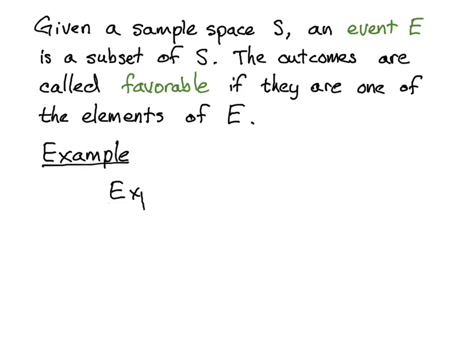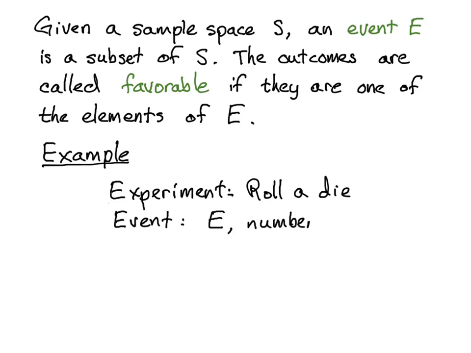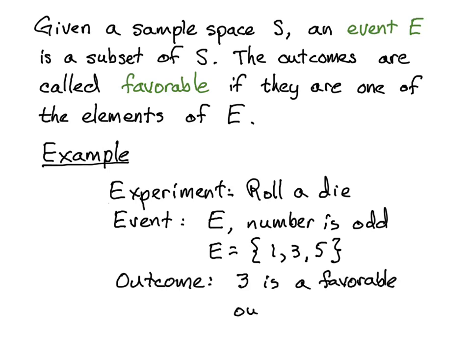So to give an example there, if you have an experiment of rolling a die and your event is that the number is odd, the set of outcomes possible is 1, 3, or 5, and so you would consider the outcome of 3 a favorable outcome. So the event is the whole set of what you're looking for, and the outcome then is the specific outcome that you get by conducting an experiment.